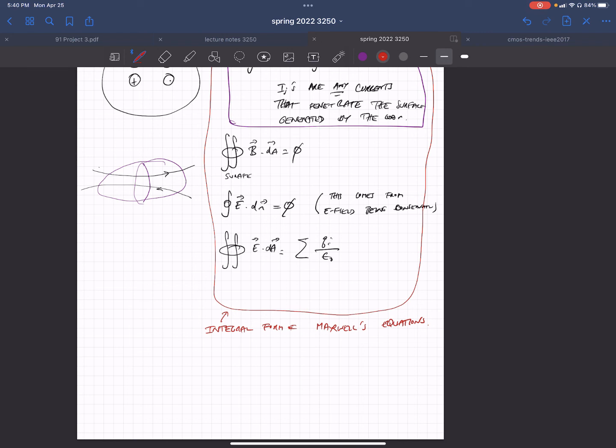Anyway, this covers all the cases of electrostatic situations and magnetostatics. Remember, electrostatics was when the charges are stationary, not moving, and have never been moving.